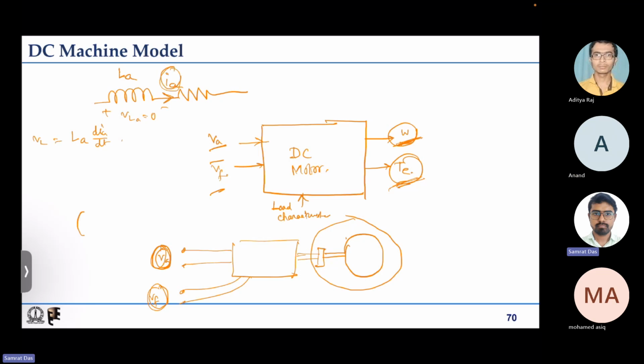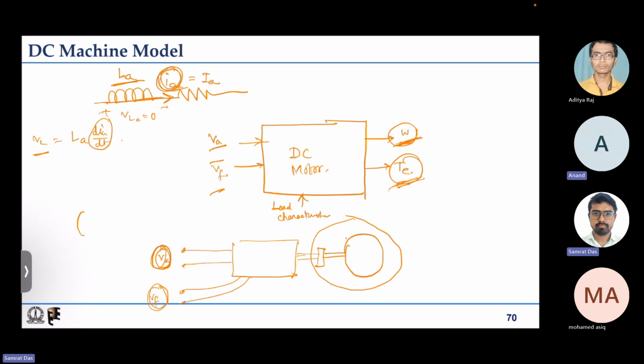As long as there is some change in ia, the voltage will appear. If ia becomes DC, then dia/dt is 0, so the voltage across the inductor becomes 0 and it effectively becomes a short. It is not that the inductance value becomes 0; it is that the voltage across the inductance becomes 0. So we need not consider it in steady state.